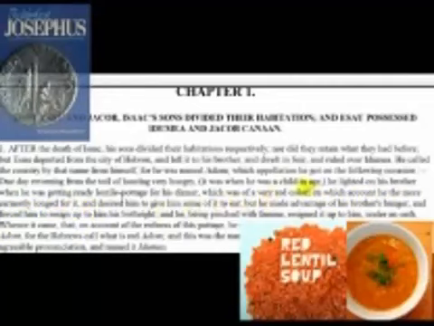Matter of fact, I'm going to highlight this, and then we're going to come back to it. He lighted on his brother when he was getting ready lentil pottage for his dinner, which was of a very red color. On which account he the more earnestly longed for it, and desired him to give him some of it to eat. But he made advantage of his brother's hunger, and forced him to resign up to him his birthright, and he being pinched with famine resigned it up to him under an oath.